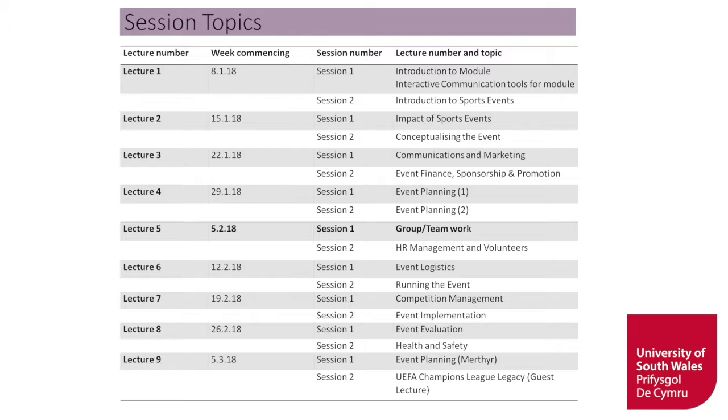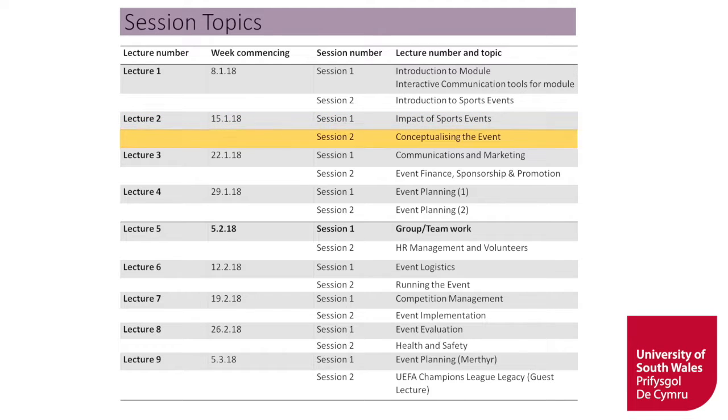So it's all delivered in this semester, semester 2, and we start with an introduction to module, which is this session. We'll then look at the introduction to sports events and the impact of sports events in its broadest sense. Then we'll look at conceptualizing the event.